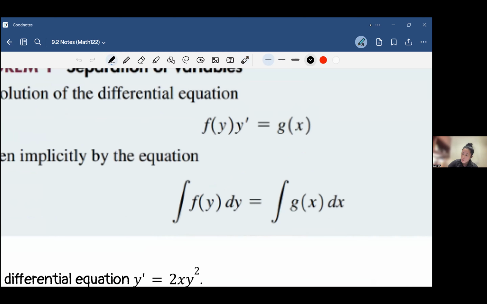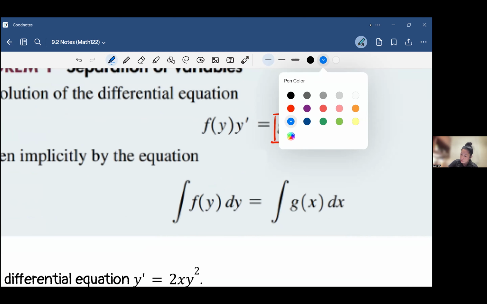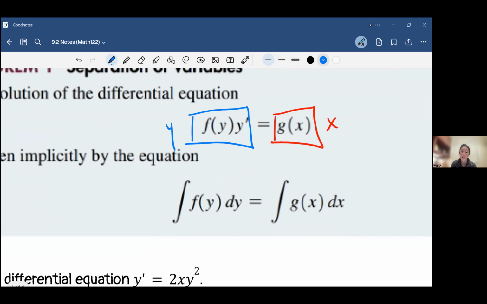But what's really important here, and we'll show this as we're going through the problems, is that we want all things x on one side, and separately, we want all things y on the other side, okay? It doesn't really matter whether the x is on the right side or the left side, but the x's and y's in separation of variables have to be separate, okay?